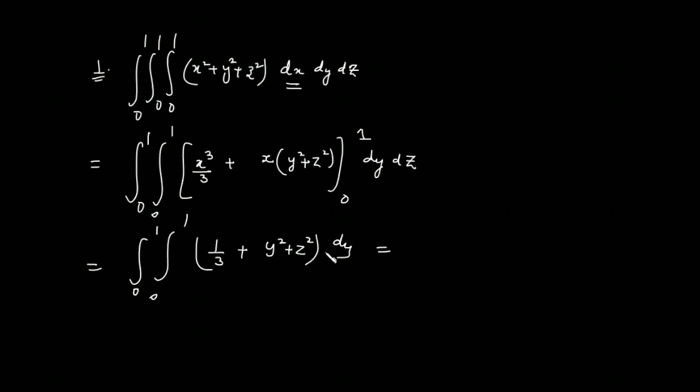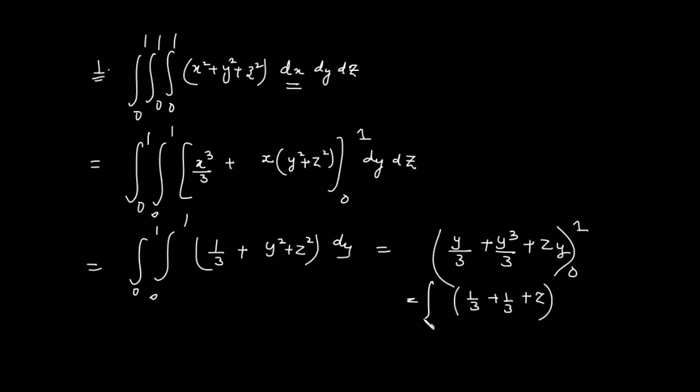Now you integrate with respect to y. So you get y by 3 plus y cube by 3 plus z square y. When you put the limits 0 to 1, you get 1 by 3 plus 1 by 3 plus z square. Now integrate with respect to z, you get 2 by 3 into z plus z cube by 3.